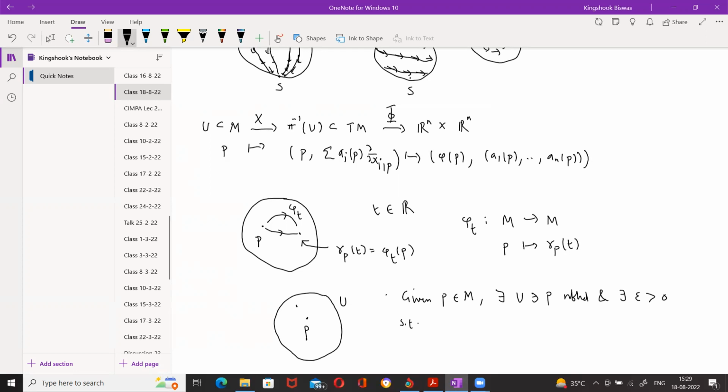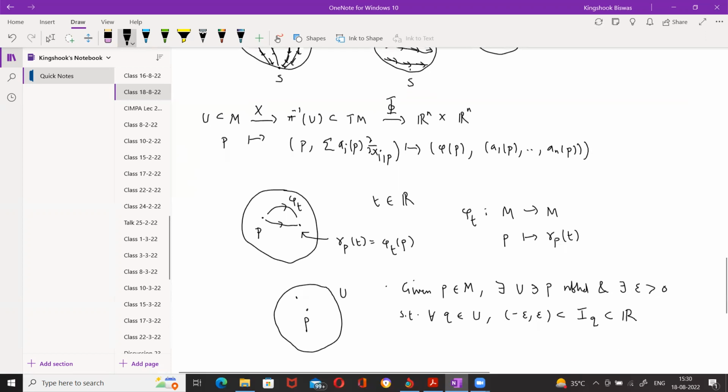So for all Q in the neighborhood U, the interval minus epsilon to epsilon is contained inside the maximal interval I sub Q. This is the domain of the maximal integral curve starting from Q, so this is a subset of R.